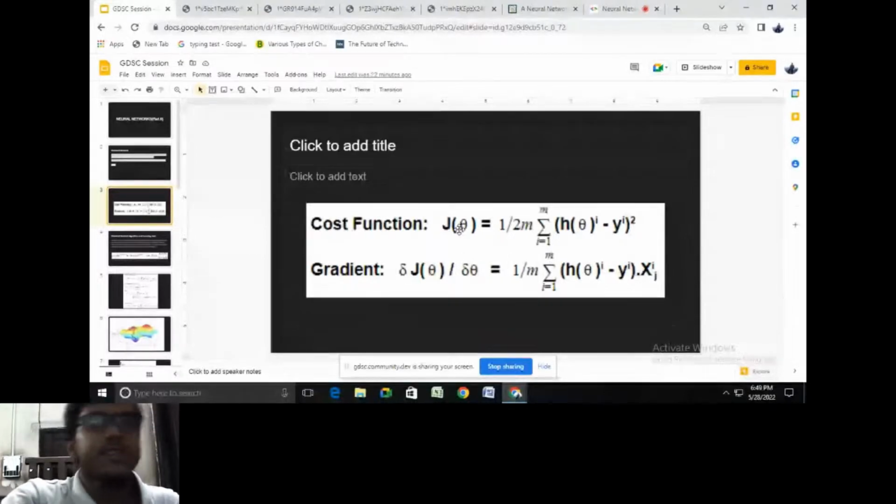In the gradient descent algorithm, this is the first part that we do. We find the gradient with respect to the parameters, because it is the parameters that we want to change. So we are keeping them as the variable.